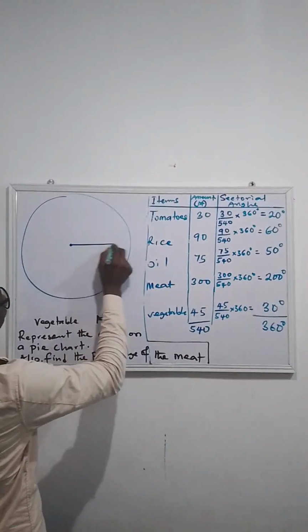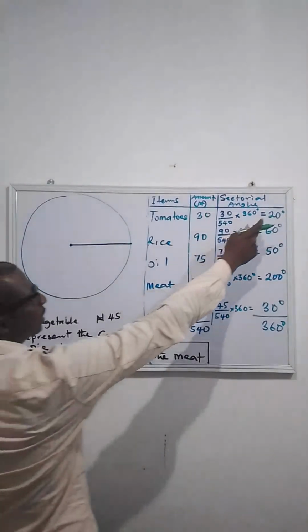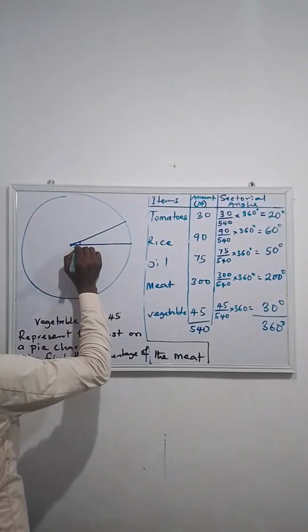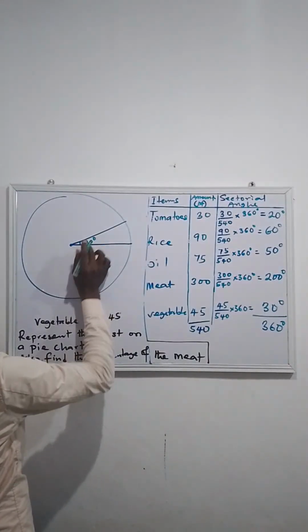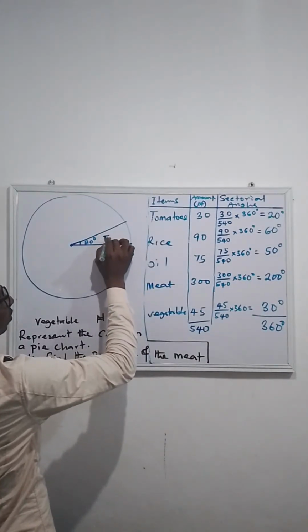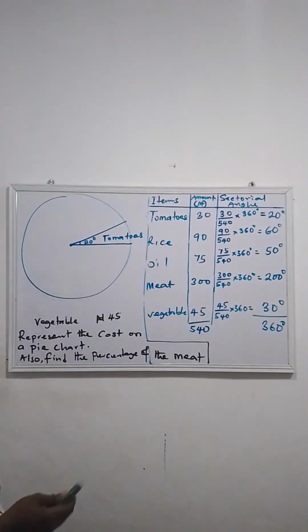You draw a line. You take your protractor and you measure 20 degrees. So once you measure 20 degrees, you have something of this form. So you label it 20 degrees and you put tomatoes there. Tomatoes. You get that?